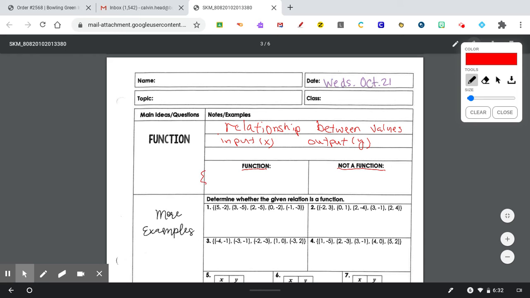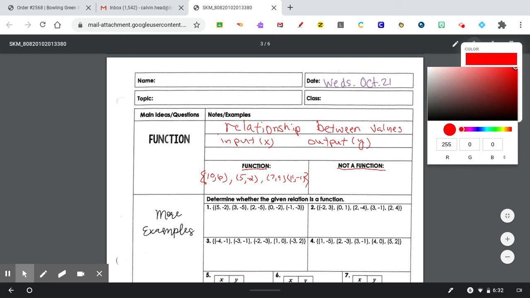So if we have 10, if you write these down, this is what you call a function. Now this over here, let me see if I can change colors so it'll be just a little bit better.